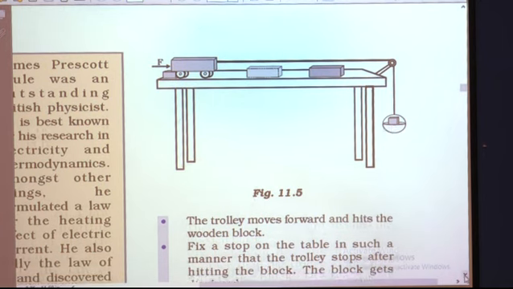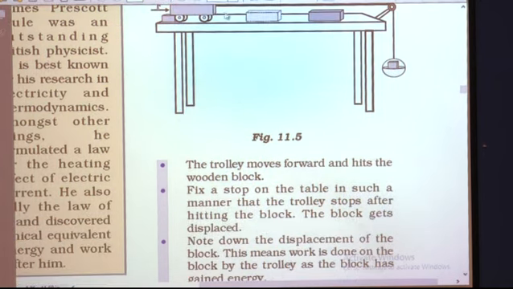The trolley moves forward and hits the wooden block. This is the initial position of the wooden block. When we place the masses in this pan, the pan goes in the downward direction because of the mass. It pulls the string downward, and because of that the trolley starts moving from left to right, and it hits the wooden block.